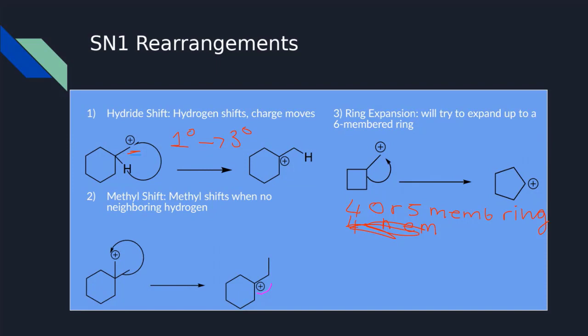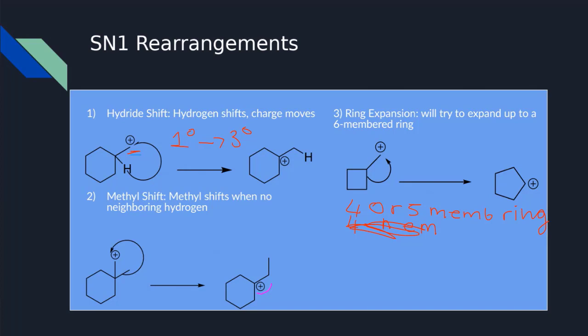Our ideal is to have a 6-membered ring. So in a case like this, we would see that our ring expands such that this bond over here breaks, and those electrons come in and attack at this other adjacent carbon such that we can form a higher membered ring structure, right?